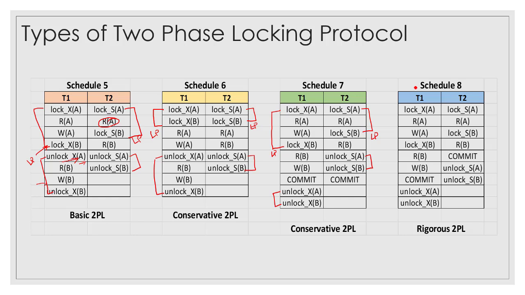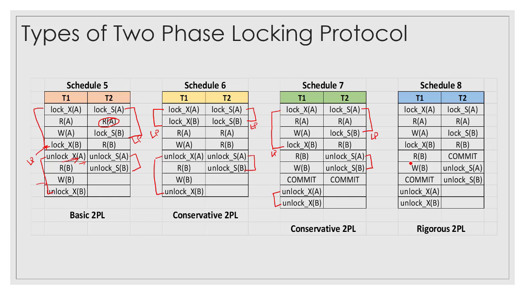Now, in case of rigorous 2PL, we know that all the unlocking will be done after the commit statement. Obviously, it is a subset of the conservative 2PL, and as conservative 2PL ensures that the schedule will be a cascadeless schedule, the rigorous 2PL should be a cascadeless schedule.